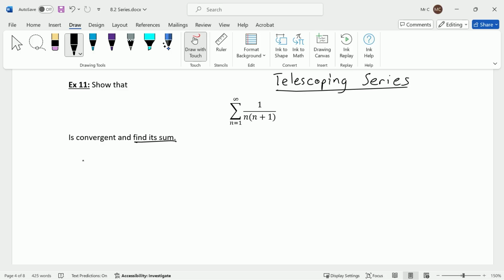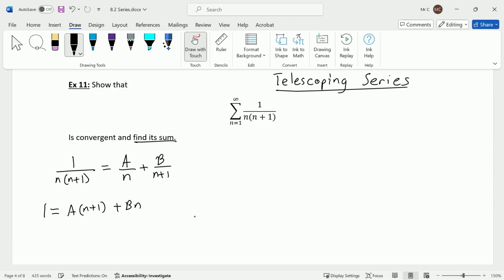So the first thing I'm going to do is take a look at my expression inside the series, 1 over n times n plus 1, and realize that that looks like those old partial fraction problems we used to deal with. So I'll rewrite this as a over n plus b over n plus 1. I'll find my common denominator and skip that bit of the work. So I get a times n plus 1 plus b times n.